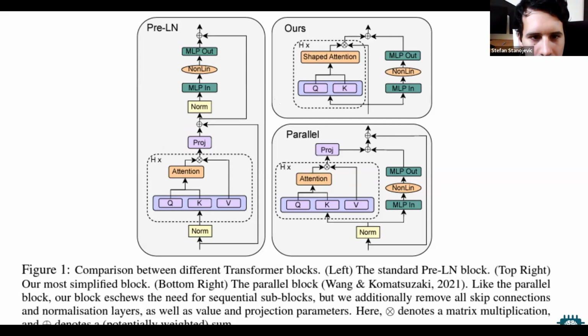Well, first of all, how do we read this diagram? You may notice that there are little circles with crosses and circles with pluses. Cross just means matrix multiplication, and plus means a sum or could be a weighted sum.